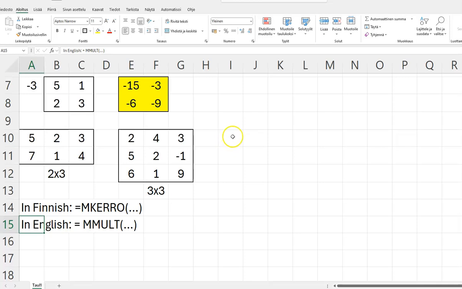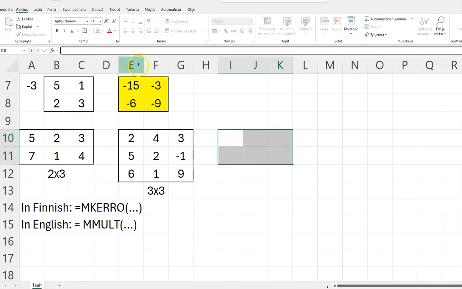How do I do this? I will use the space. I found out 2 rows, 3 columns, so there is painted that kind of area in the spreadsheet. Then I start with the command mkerro. If you use the English version, you write there mmult, and this gives us some kind of advice. You need matrix 1 and matrix 2. So first you paint the first matrix, and it will be this matrix here. So I painted that.